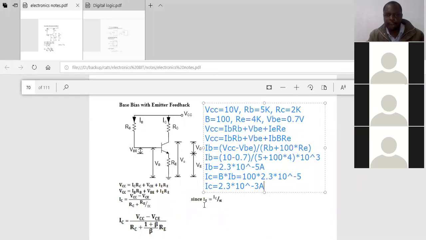And then now let's do the value for IE. That should also be very easy, which is IC plus IB, and effectively you are going to have this value plus the other value. So that's the total we expected to get.